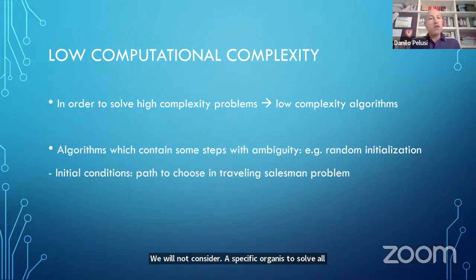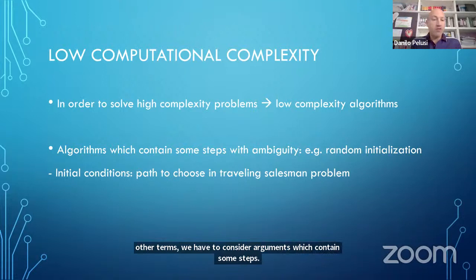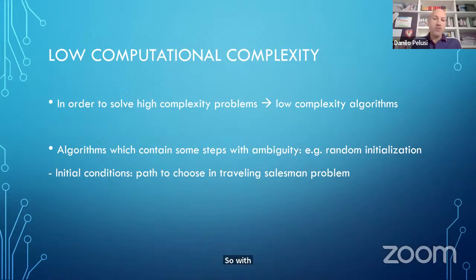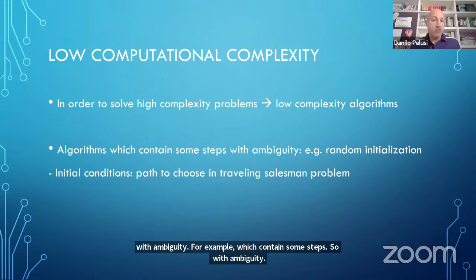So, in order to solve this kind of problems where the complexity is huge, we have to consider low complexity algorithms. In other terms, we have to consider algorithms which contain some steps with ambiguity. For example, in the traveling salesman problem, it's important to start.